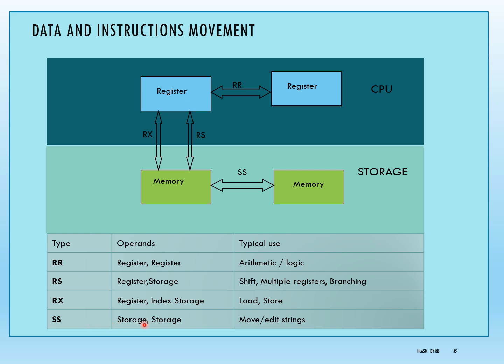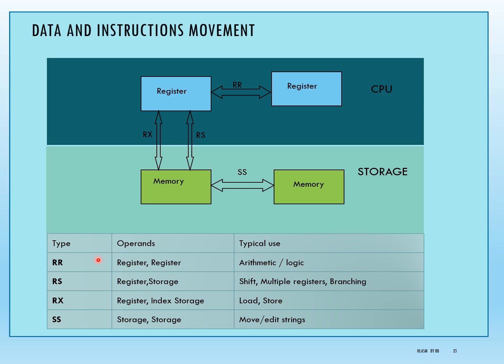Then SS, which is storage to storage, such as move and edit strings. I want to introduce this because you keep seeing it in the literature, but if you understand the instruction itself, you don't have to worry so much about what type of instruction it is.